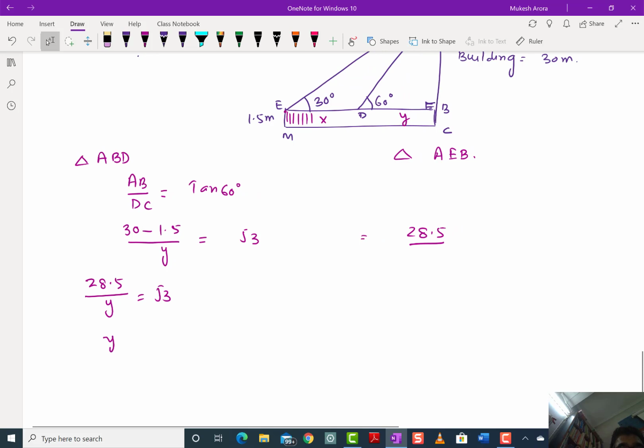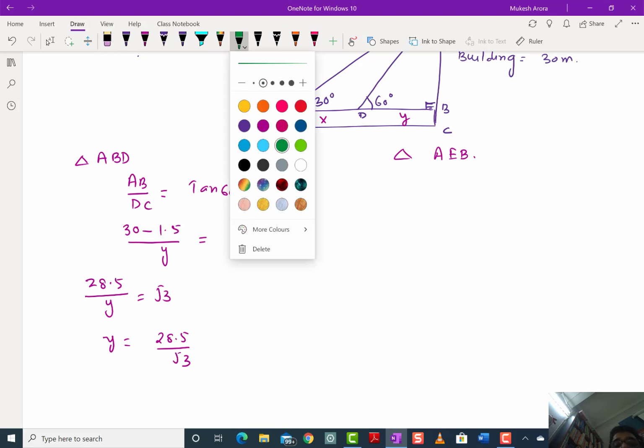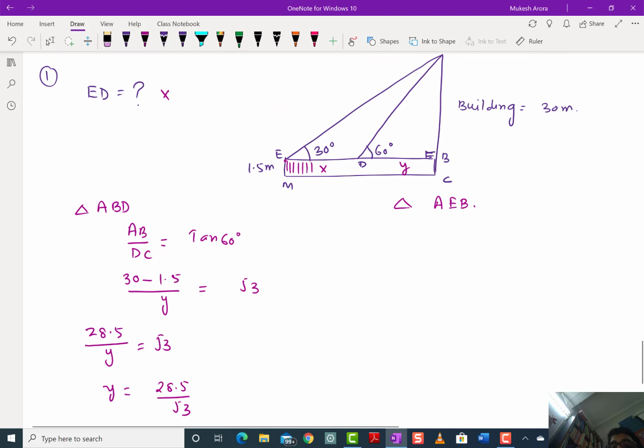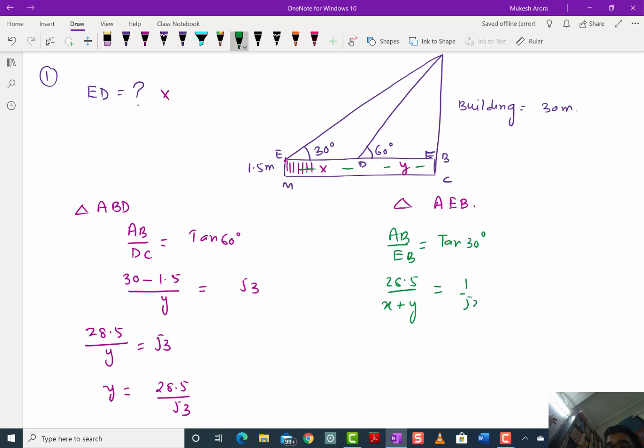So Y will be equal to 28.5 under root 3. So now we have a second triangle. In this triangle ABE, again AB upon EB is equal to tangent 30, 28.5 by X plus Y is equal to 1 by root 3.